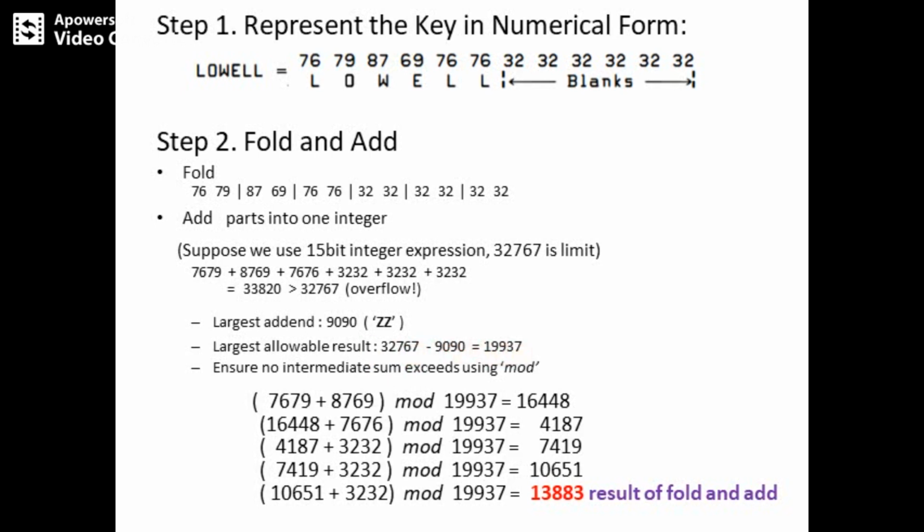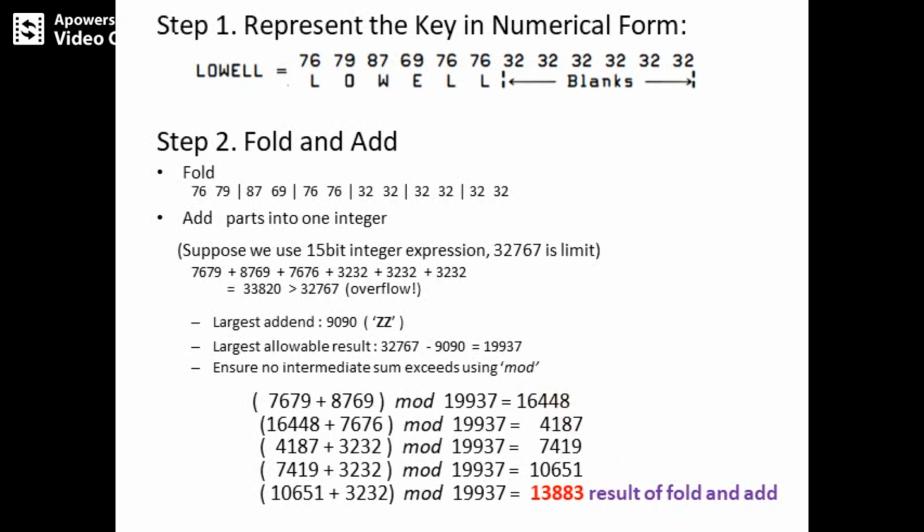So I get 19937. Now I use a mod operation to find the remainders. I select the first two characters' folded ASCII values, 7679 plus 8769, and for that result I mod it with 19937 so that I get a result which is less than 32767.